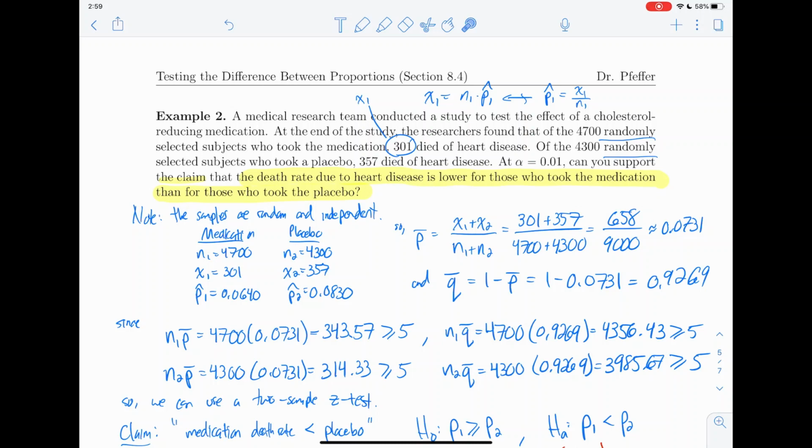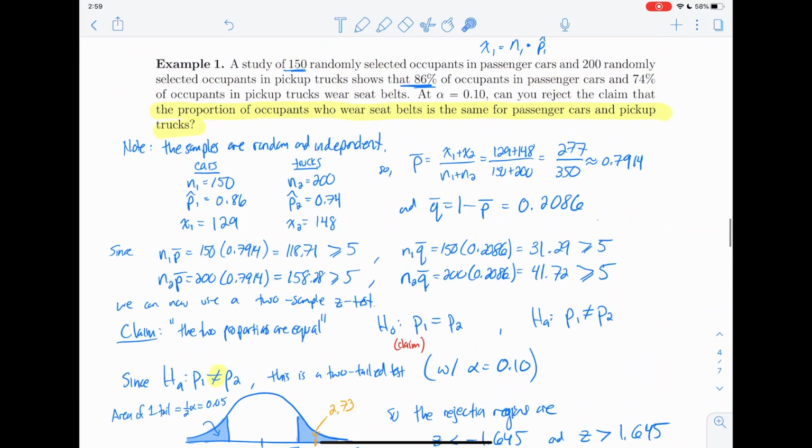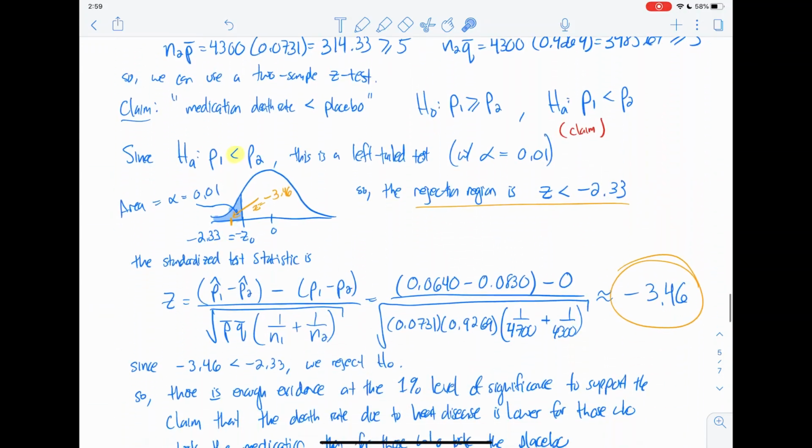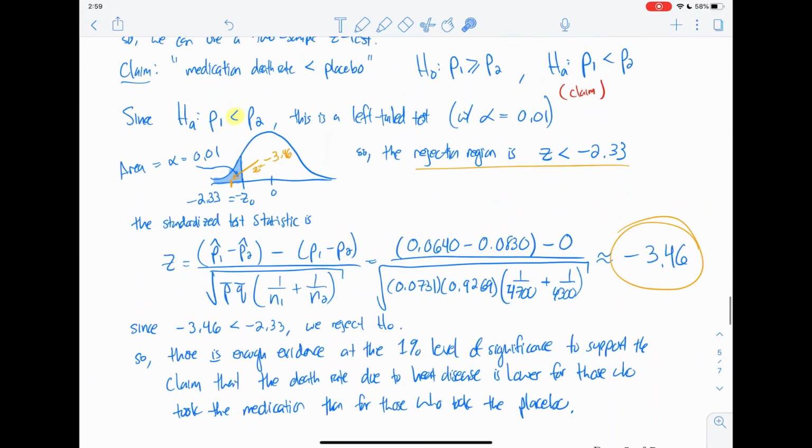Now, this example is very similar to the previous example that we covered, and it had a lot of the same moving parts. Going through these two examples in detail should give you the skills and tool set necessary to tackle some of the homework related to Section 8.4.